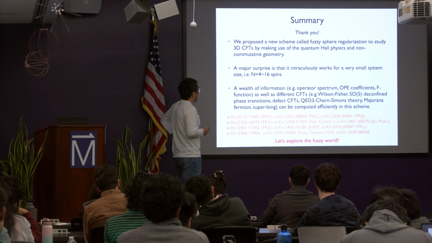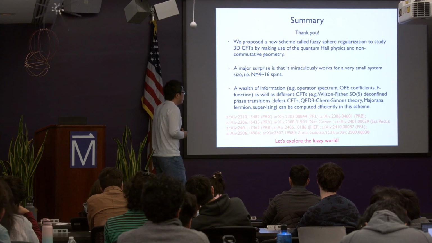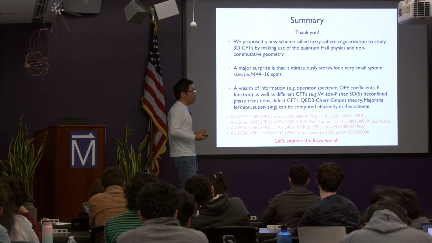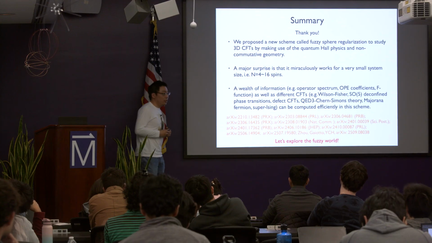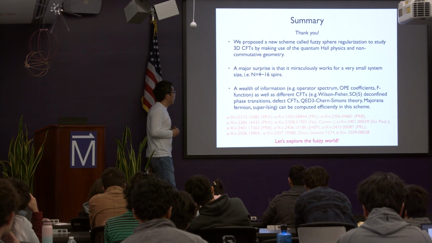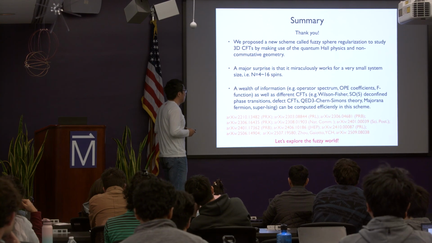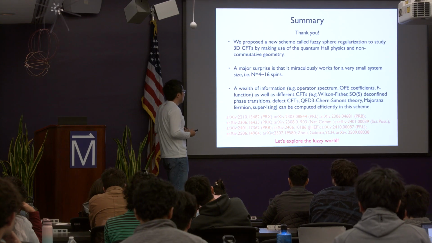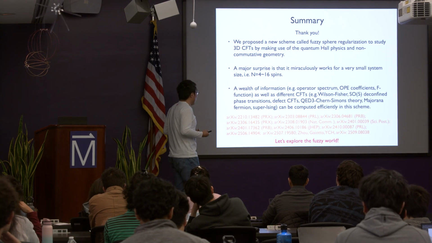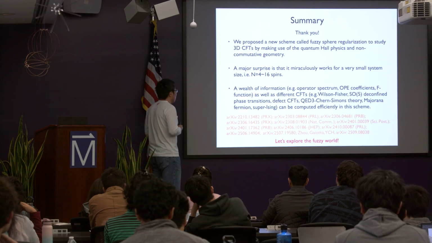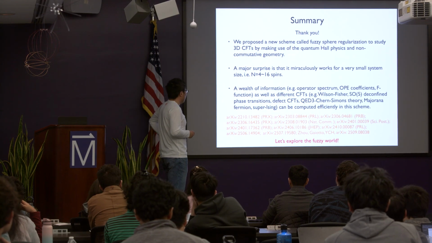But I think there may be some deep connections with non-commutative geometry, particularly the old idea of regularizing QFT using non-commutative geometry. And the major surprise is really that, for very small system sizes, it works miraculously well, which still requires some deep understanding.